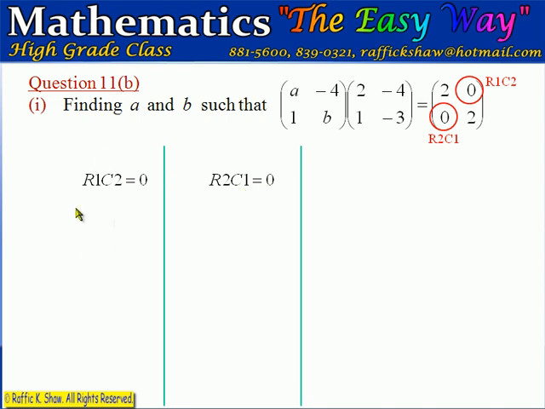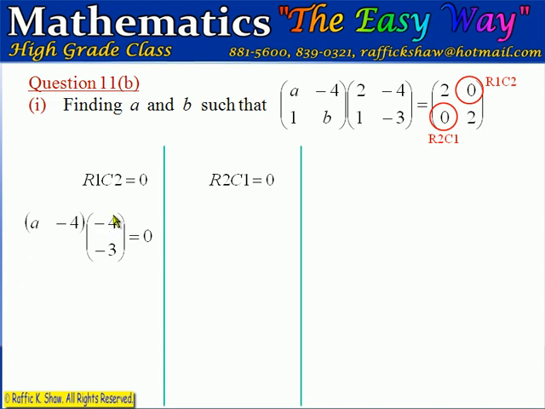So let's do the calculation down here. Row 1 multiplied by column 2 is 0. That is row 1, which is (a, -4), multiplied by column 2, which is (-4, -3), is equal to 0. And so we can carry out this calculation.